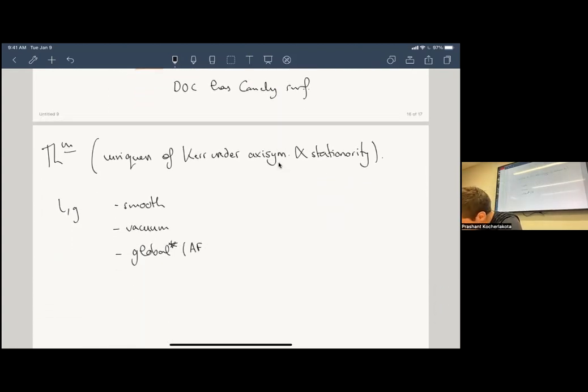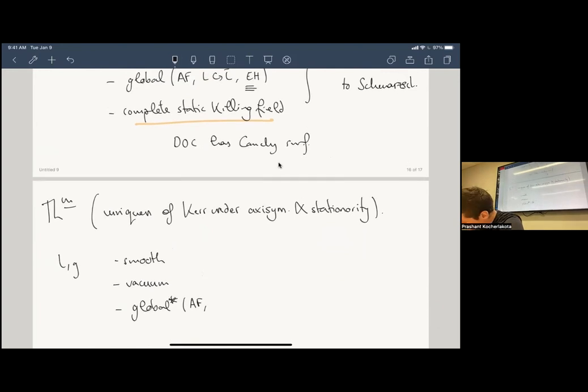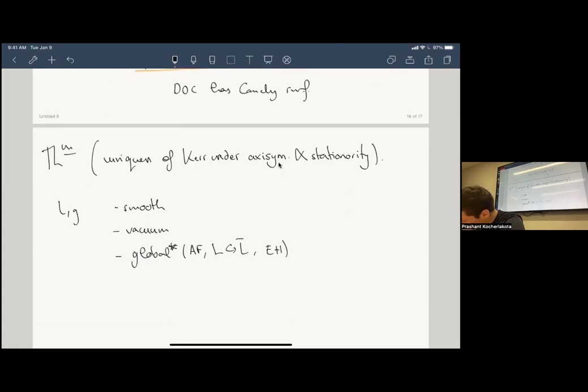So you want them to be complete, and then here you have stationary and axisymmetric. Then your spacetime is Kerr.